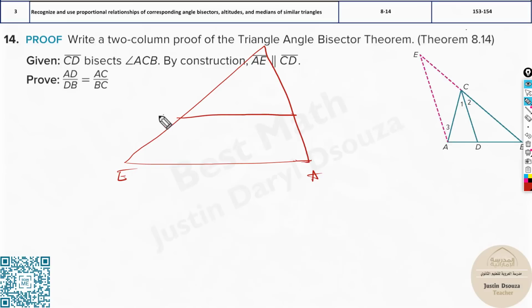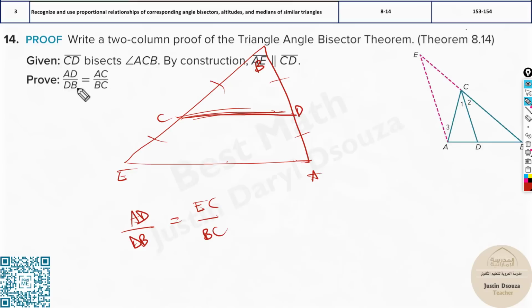This is C, D, and this is B. Now, if you see this triangle like this, I can write the sides as proportionals, because I need AD and DB. I'll write AD divided by DB, because this is parallel. If there is one triangle and this inside line is parallel to the base, then this formula can be written by the triangle proportionality theorem. AD divided by BD will be equal to EC divided by CB, or BC.